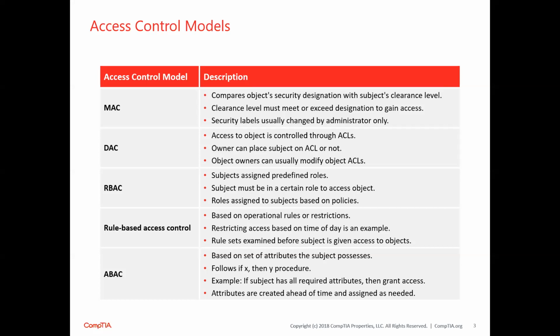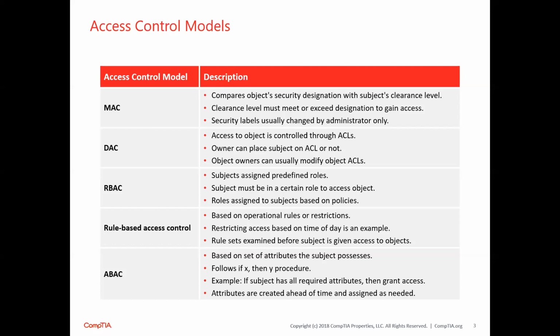You will not be able to access the top secret document, which has a security label of top secret, while you yourself have a clearance level up to secret. So remember that in MAC, or mandatory access control, the clearance level must meet or exceed the designation to gain access. And normally MAC is used in many organizations.